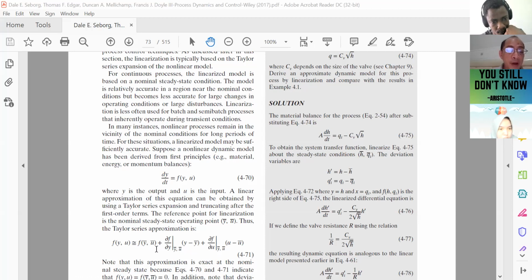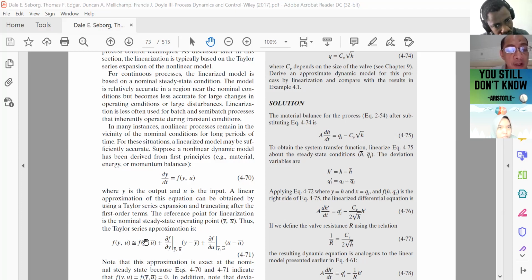Now if we linearize this, the derivative will be a constant, and you have the function in a linear form, because the y here has the power of 1, and the u also has the power of 1.